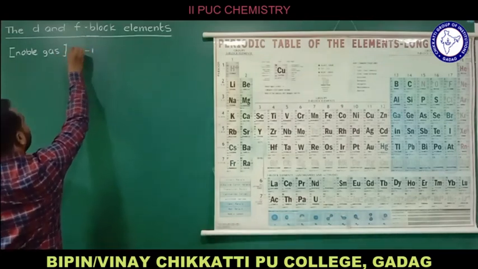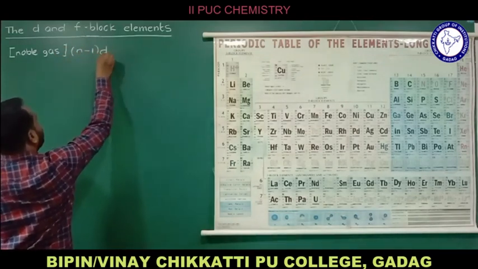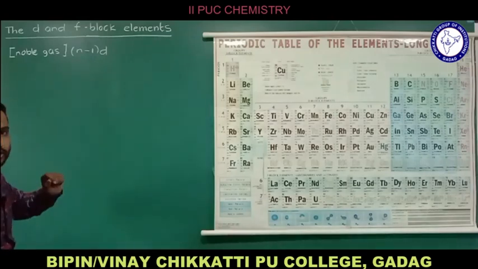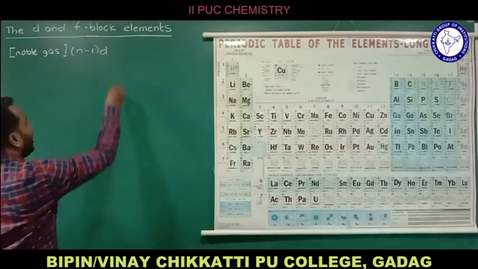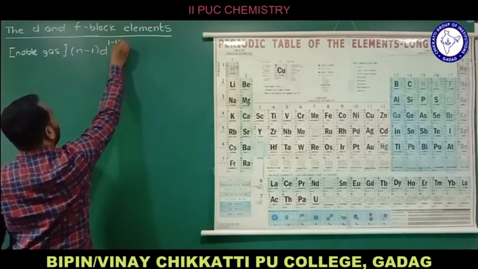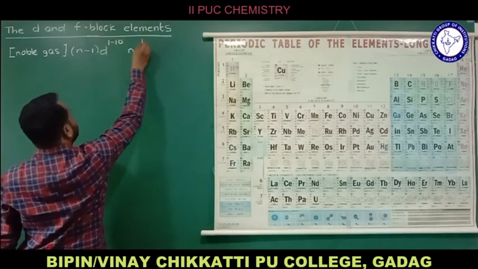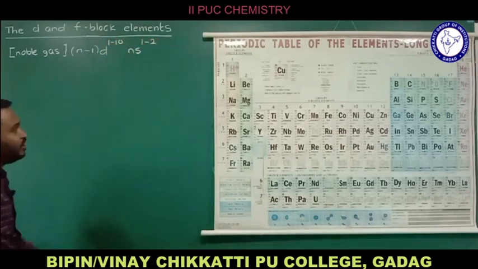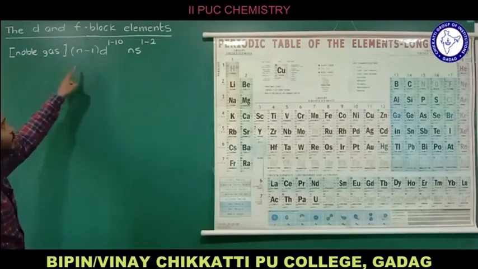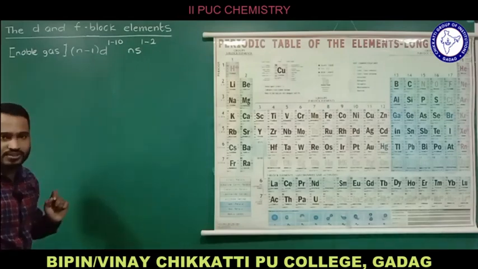As I mentioned, the added electron enters into the (n-1)d atomic orbitals. So (n-1)d 1 to 10, ns 1 to 2, is the general electronic configuration of transition elements.